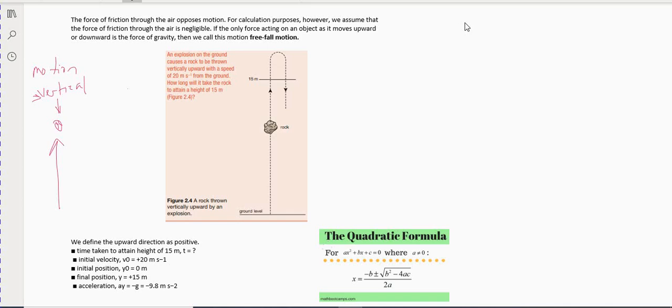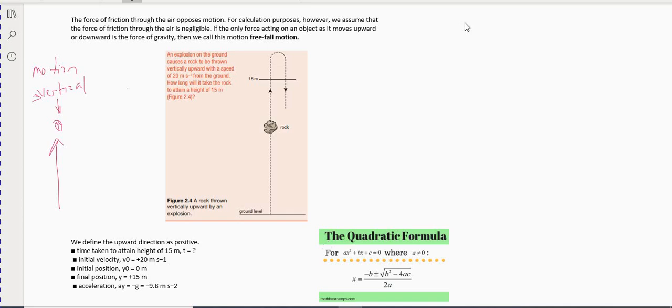However, we have to now look at something different, right? While we rule out the frictional force when the ball is thrown up in the air, we now have to look at what we call the acceleration due to gravity.